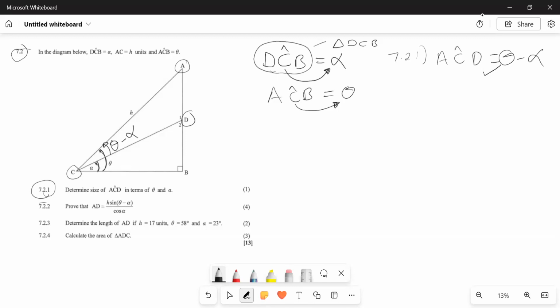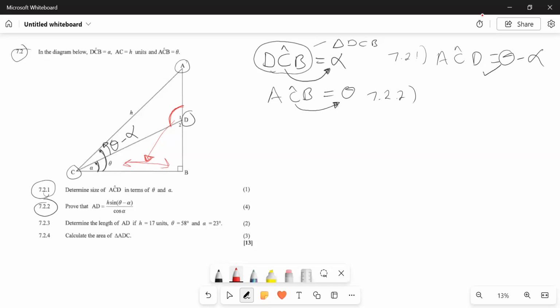7.2.1 done. Now let's go to 7.2.2. Prove that AD is equal to H sine theta minus alpha over cos alpha. So before we continue, let's consider angle D1 first. Angle D1, that's the exterior angle. And the exterior angle of a triangle is equal to the sum of the opposite interior angles of the triangle.